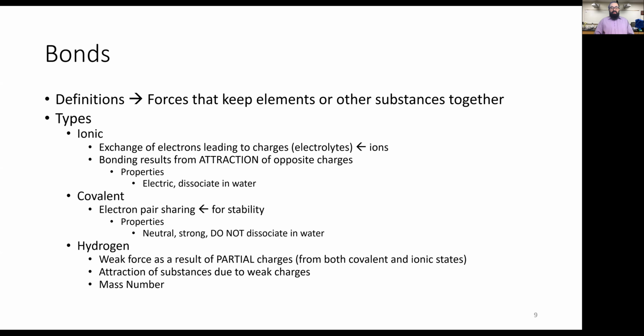It's the one that holds our bones, our skin, all our proteins, and everything else. That gets talked about in the next set of topics. But hydrogen bonds are kind of in between both ionic and covalent, a fairly powerful force when in the right amount of quantity and mass number. This is all about quantity in this case.